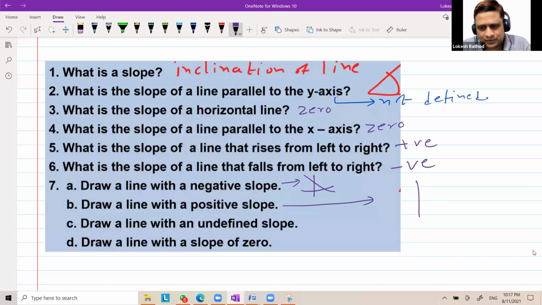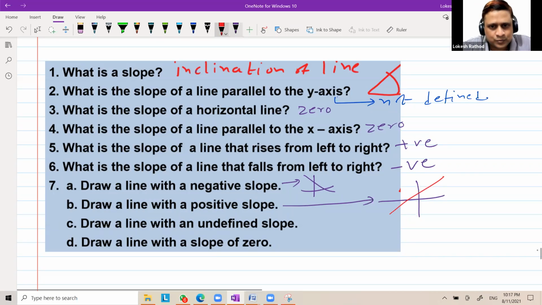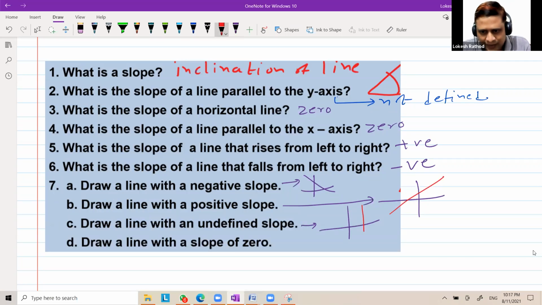The line is like this, an increasing line. This is a positive slope. Draw a line with undefined slope. An undefined slope is basically a vertical line, a line parallel to the y-axis. And draw a line with slope 0. Slope 0 is a horizontal line, so the line may be like this.